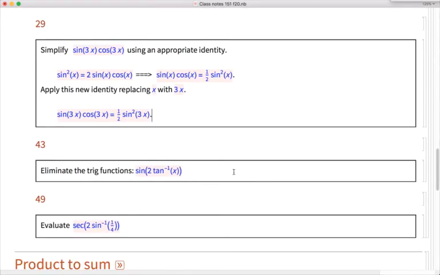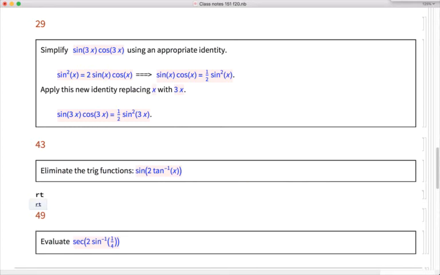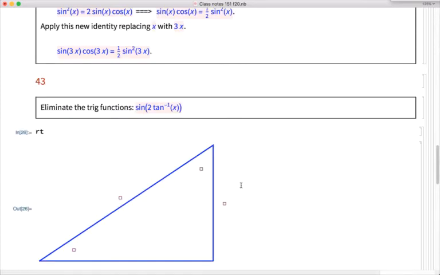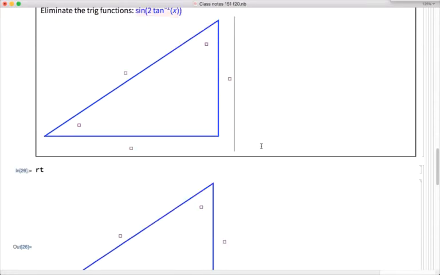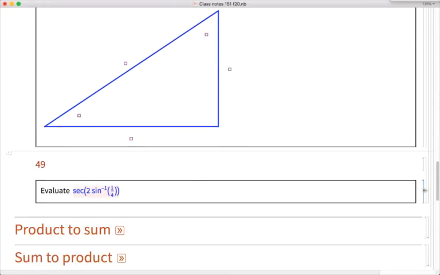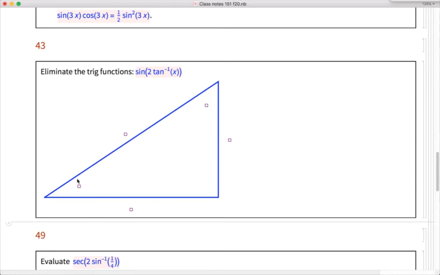Okay. Eliminating the trig functions in this expression. This is the type of thing that we've seen before. What we're going to do is, it's a trig of an inverse trig. So we're going to get a triangle whose angle has tangent x. Well, I didn't say that very well.